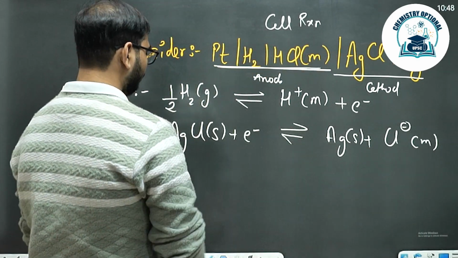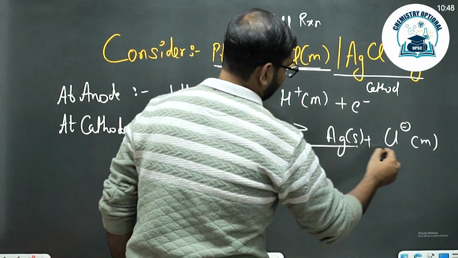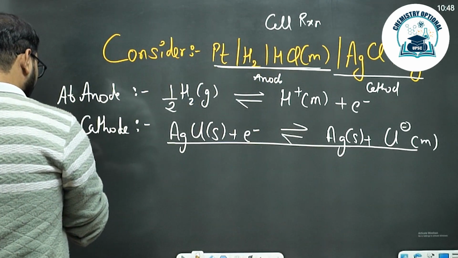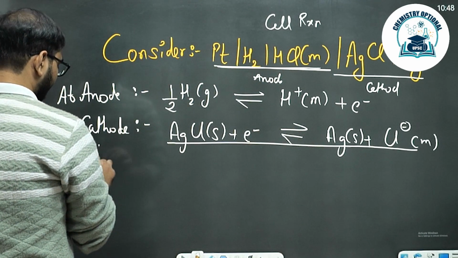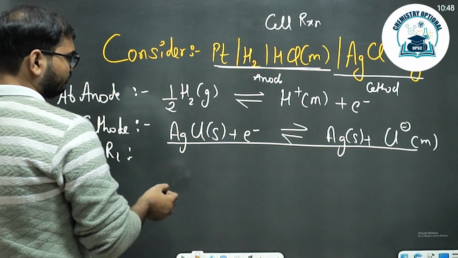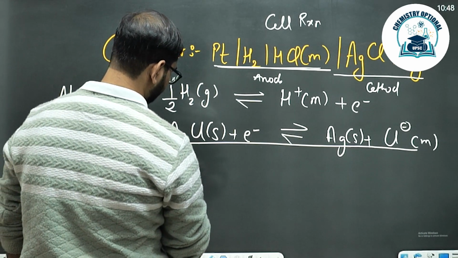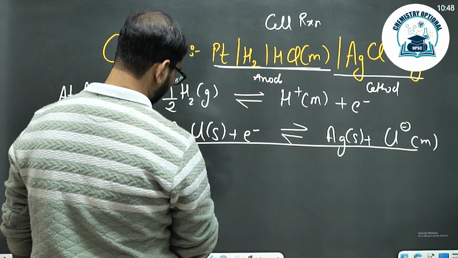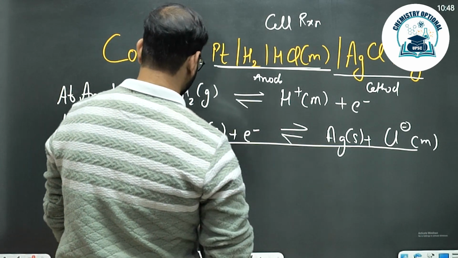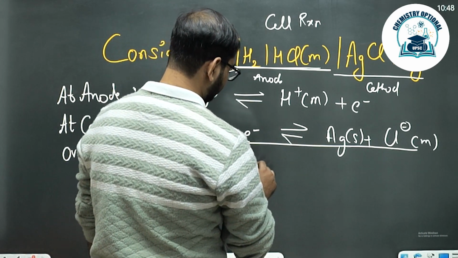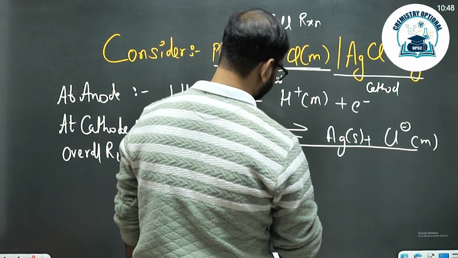Now looking at this, if you add both of these equations, I can write the overall reaction, which will be half of H2 gas at some pressure P, with AgCl present in solid state.